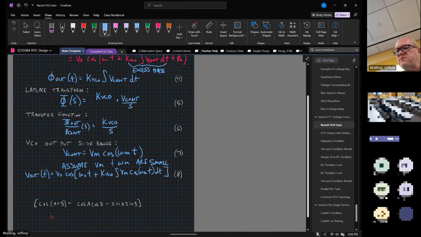And if we carry this all out, we'll find that this is approximately equal to V naught cosine of omega naught t plus k VCO times Vm over omega m times sine of omega m t.